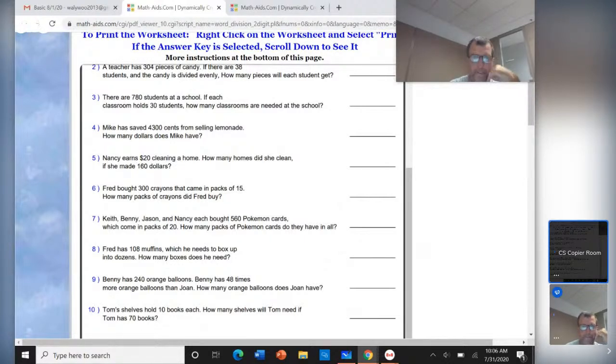Let's do number 7. So it says Keith, Benny, Jason, and Nancy each bought 560 Pokemon cards, which come in packs of 20. How many packs of Pokemon cards do they have in all? Okay, so they all bought 560.